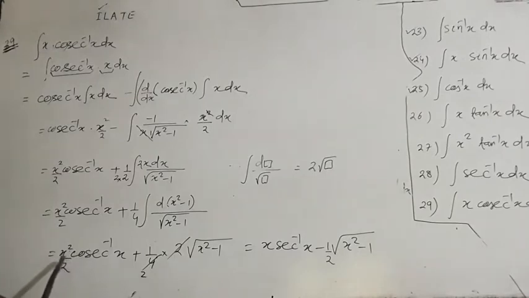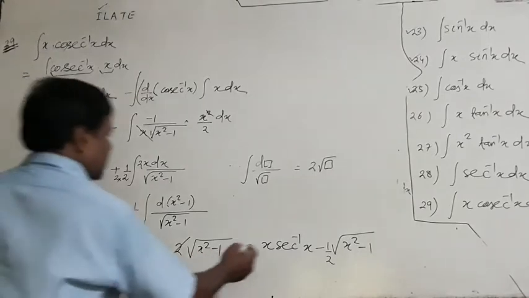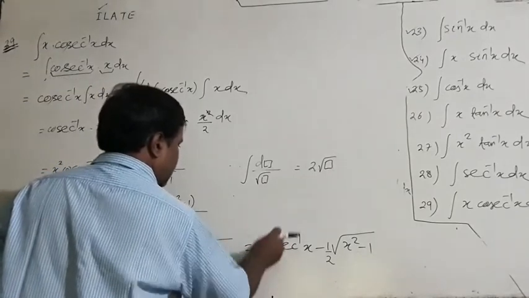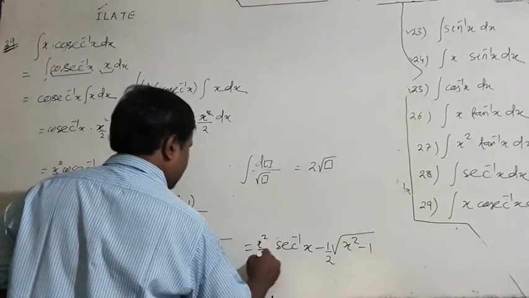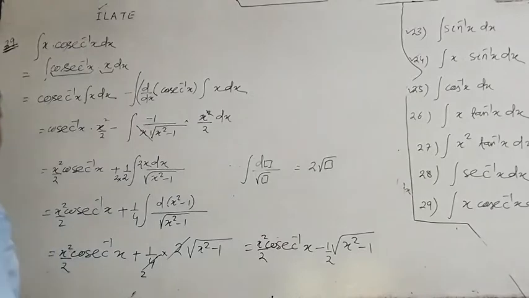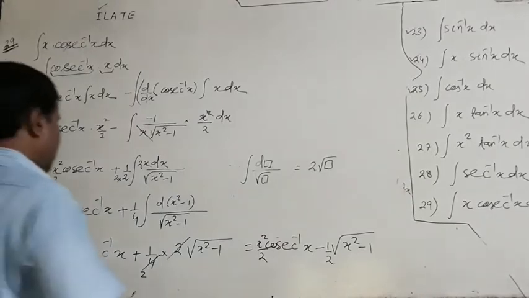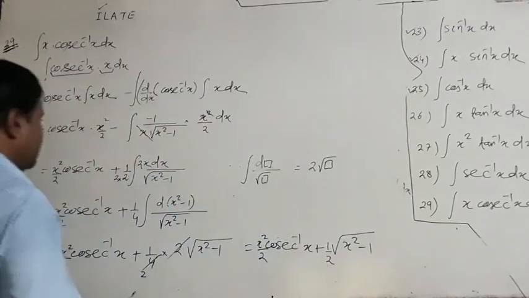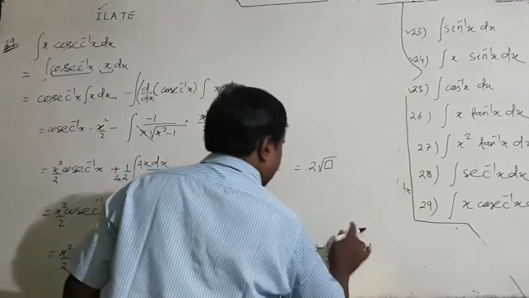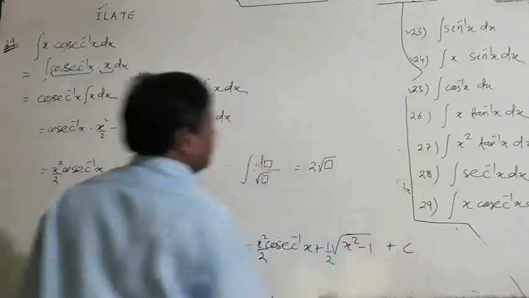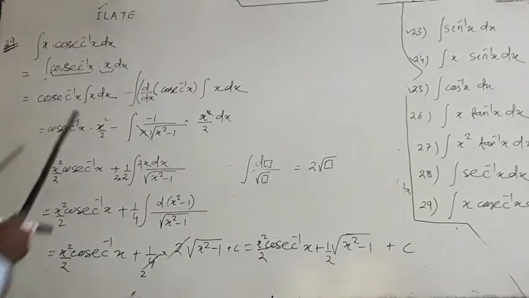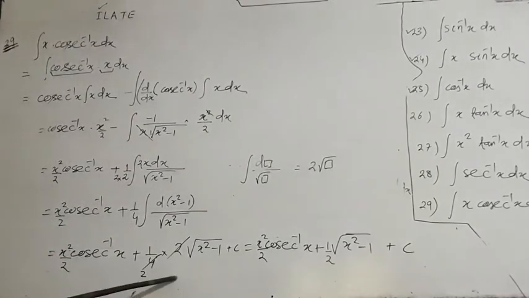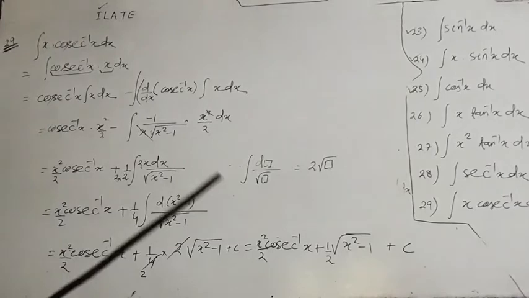So the answer is x square by 2 cosec inverse x plus 1 by 2 root over x square minus 1 plus c. Okay.